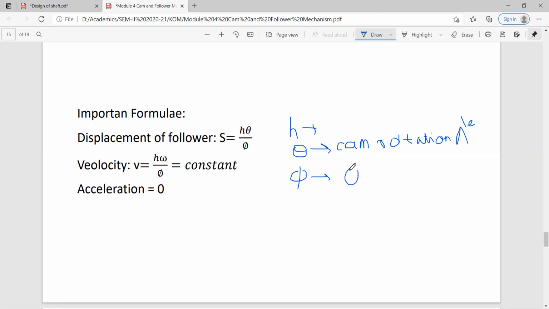So phi is nothing but your angle of rise or angle of return. Write it down.